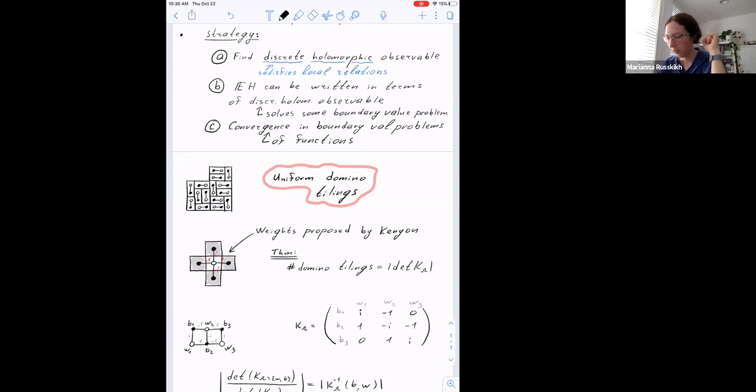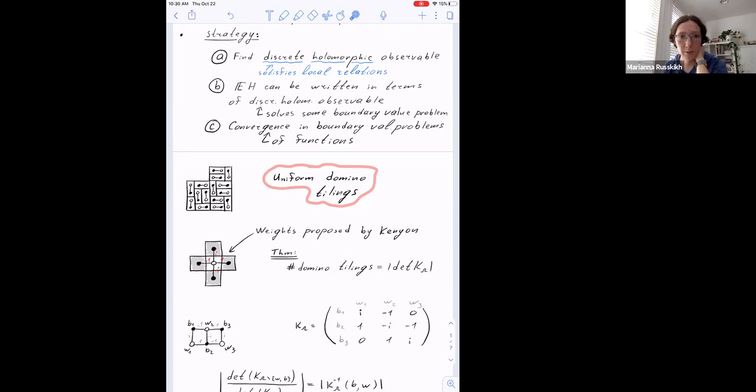Then we take the object in which we're interested. In our case, this is the height function, the gradient of the height function, or the fluctuations of the height function. And we want this object to be written in terms of these discrete holomorphic observables, which are also uniquely defined by some boundary value problem.